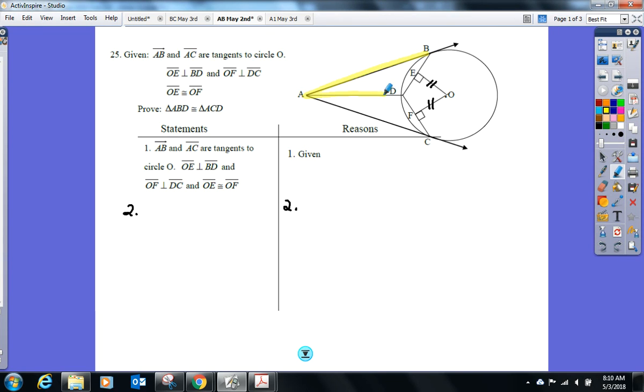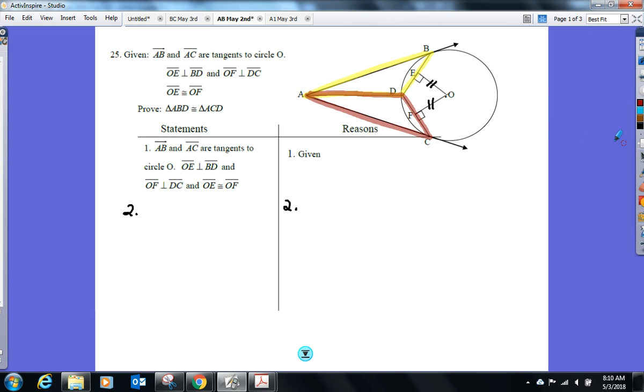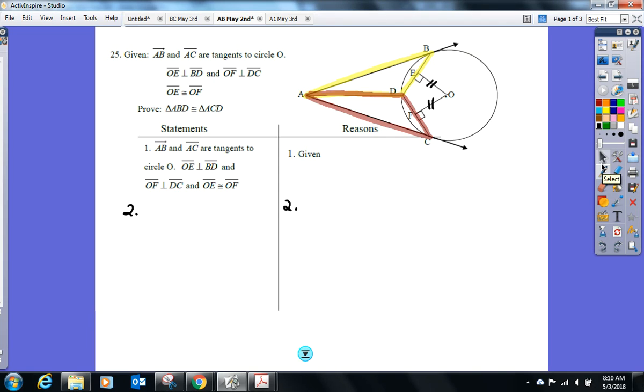Prove the two triangles congruent. Yes, again, I know the test is on the third part of the circle unit, but the theorems we're going to use for this one come from the entire unit.